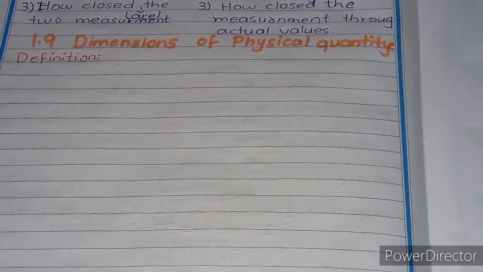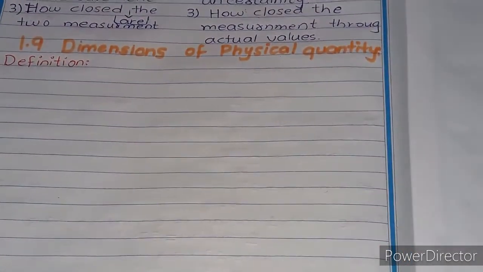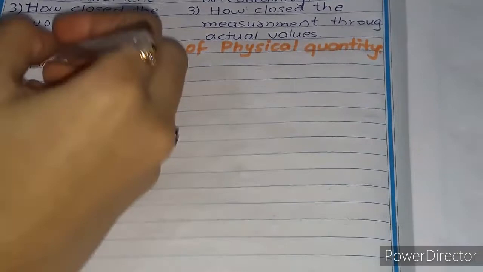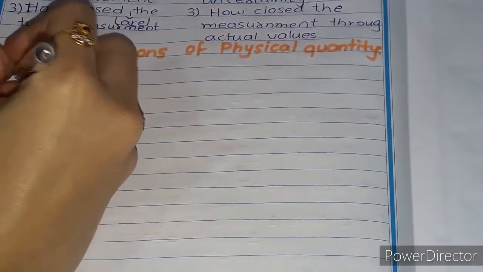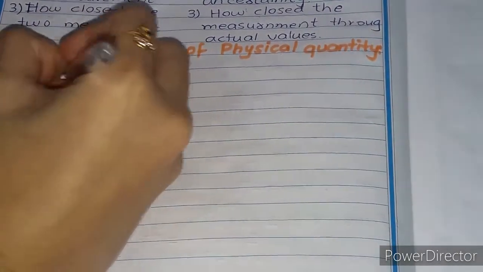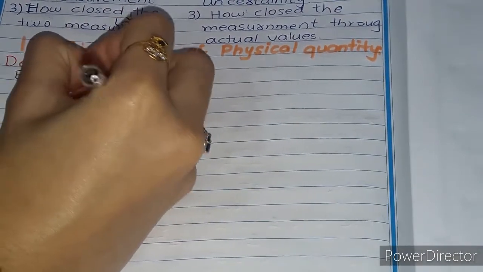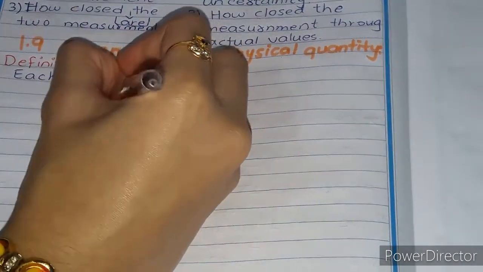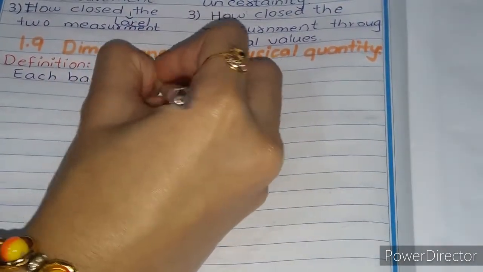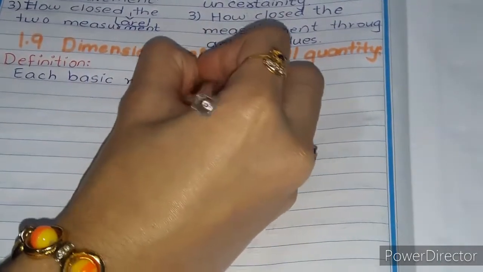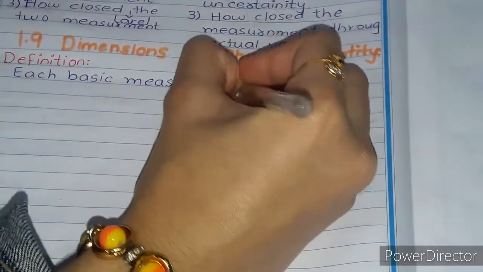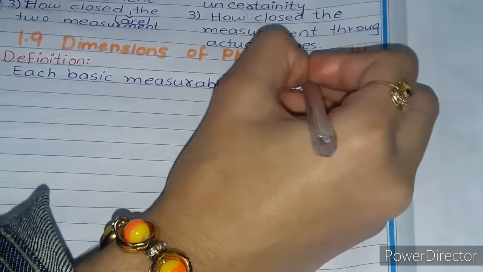What is dimension? डायमेंशन की डेफिनेशन लिखती हूँ. Each basic measurable physical quantity. All kinds of quantity are measured.